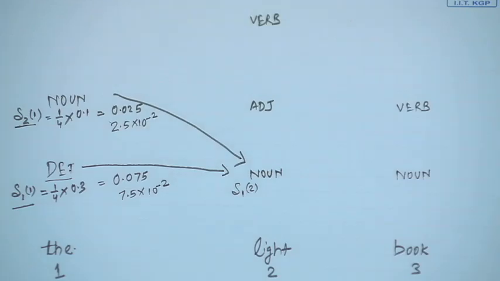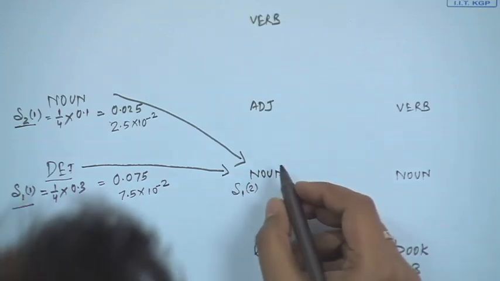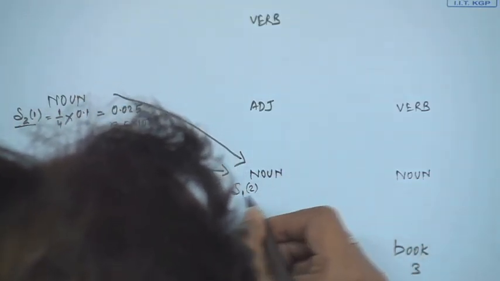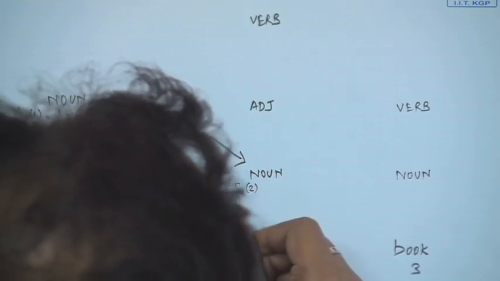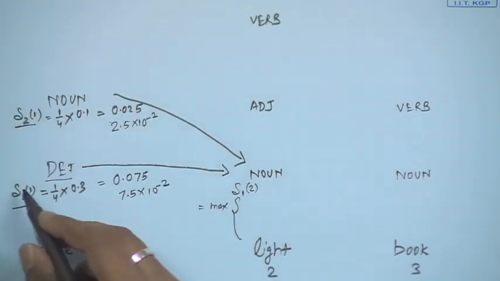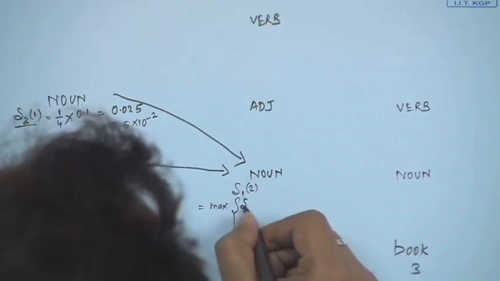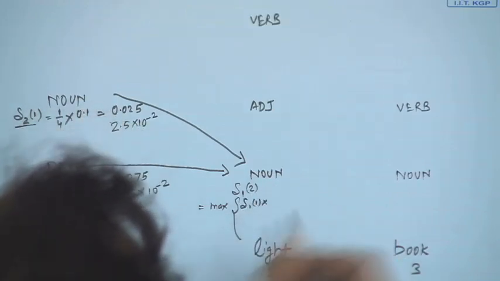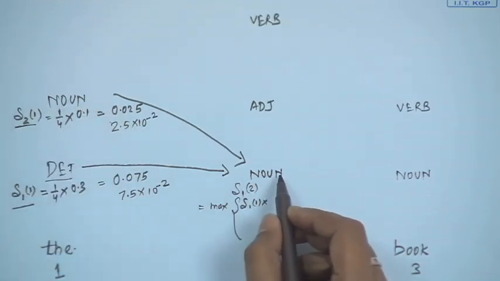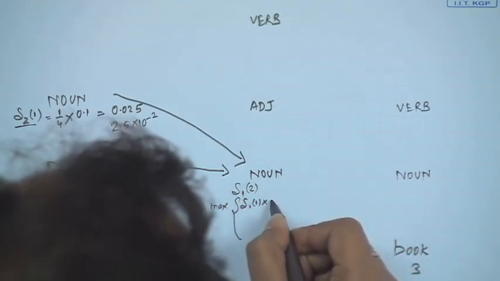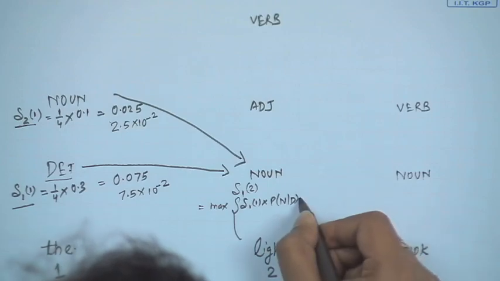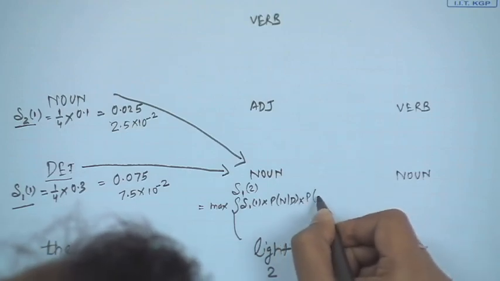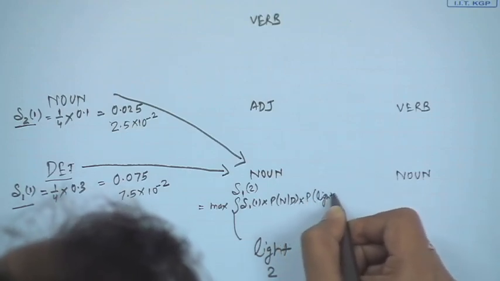So let us compute these probabilities. The first one will be delta 11 times probability of getting noun from determiner times probability of "light" given noun.